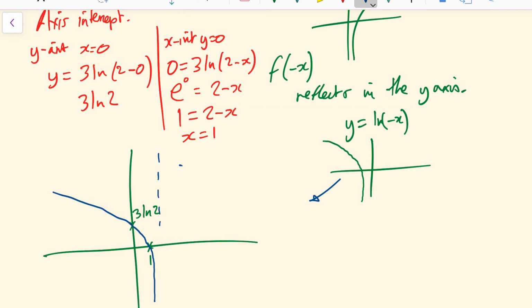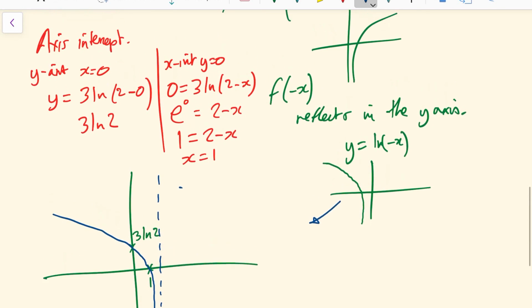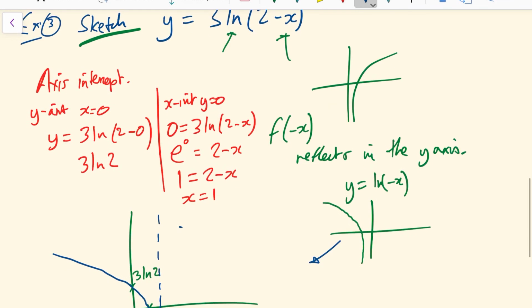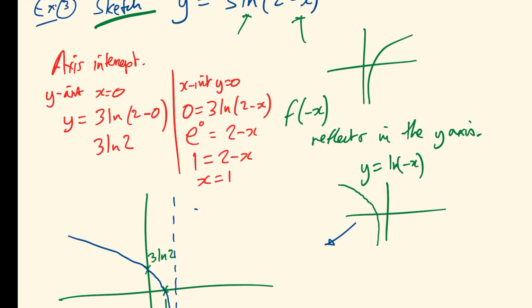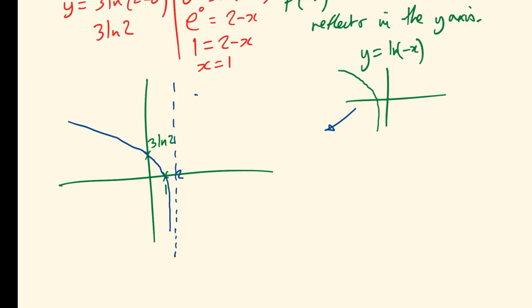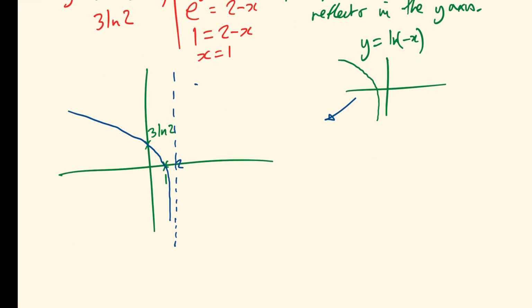The asymptote is going to be here, and the asymptote going back to the original one is going to be 2, because if we substitute 2 into here, we'll get 3 ln of 0. If x was any greater than that, then it would give an error, and that's why the asymptote is 2. Normally you don't have to actually put on the asymptote unless they tell you that in the question.